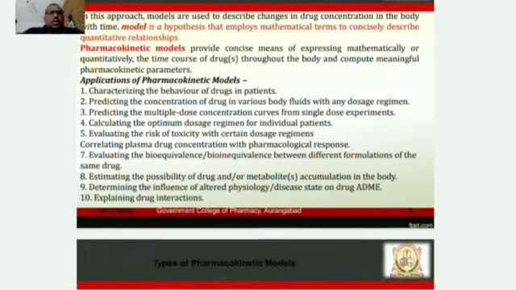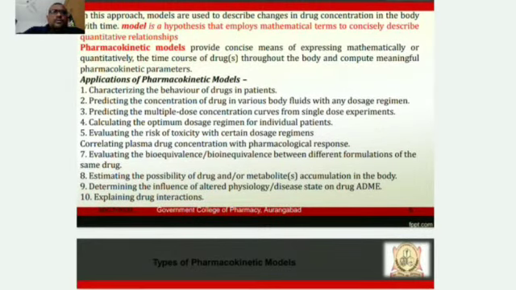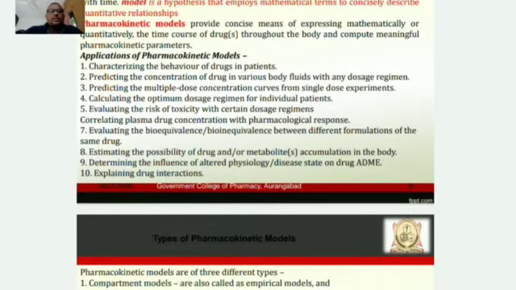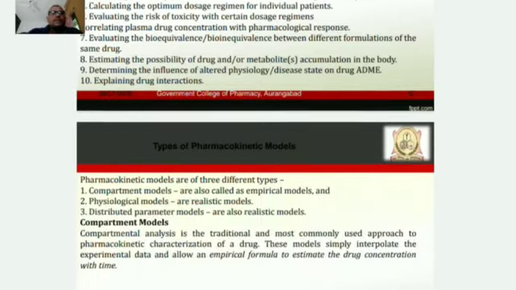So by using this model, we can characterize the behavior of drug in the patient, then predicting the concentration of drug in the various body fluids with any dose regimen, predicting the multiple dose concentration curve from the single dose experiment, then calculating the optimum dose regimen for individual patient, evaluating the risks of toxicity with certain dose regimens, then evaluating the bioequivalence or bioinequivalence between the different formulations of the same drug, estimating the possibility of drug metabolite accumulation in the body, determining the influence of altered physiology or disease state on the drug absorption, distribution, metabolism and elimination, and explaining the drug interaction.